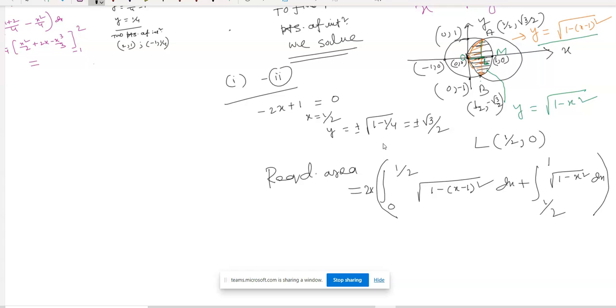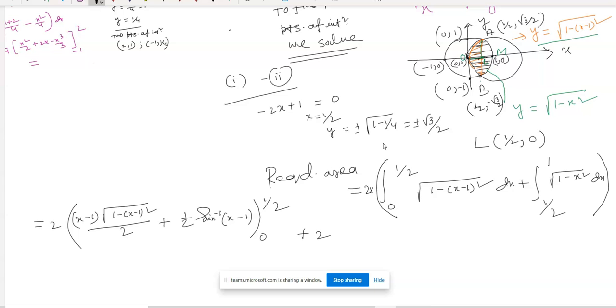If you find it, it is the integral of root over a square minus x square. The formula you know: x by 2 times root over a square minus x square, plus a square by 2 sine inverse of (x minus 1), and the limit is restricted here from 0 to half.